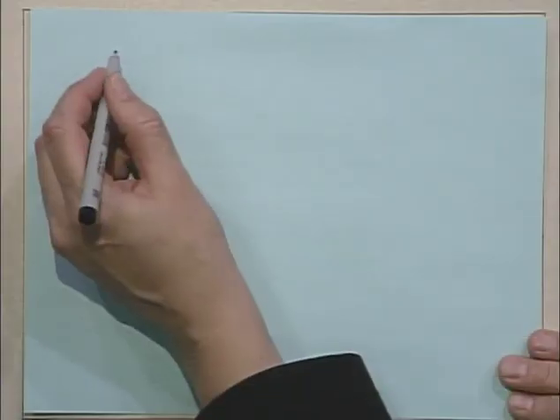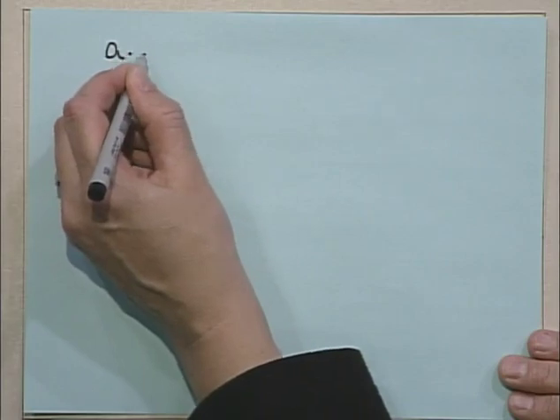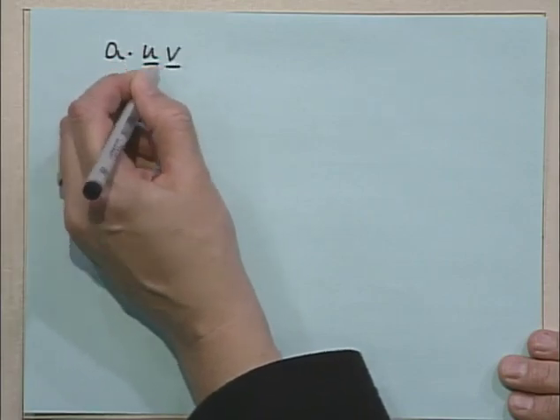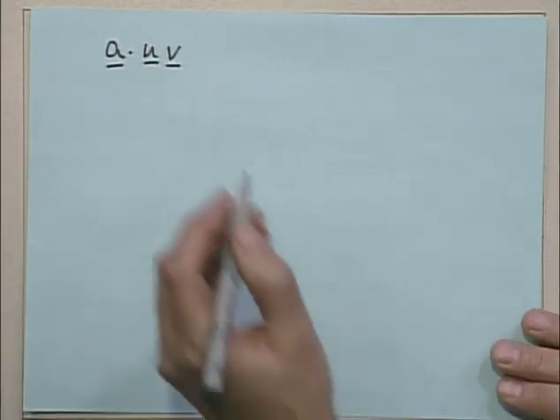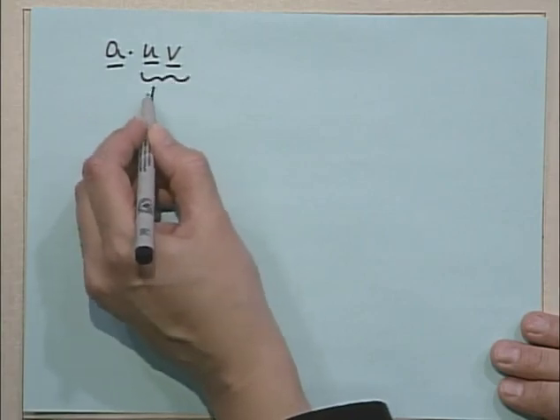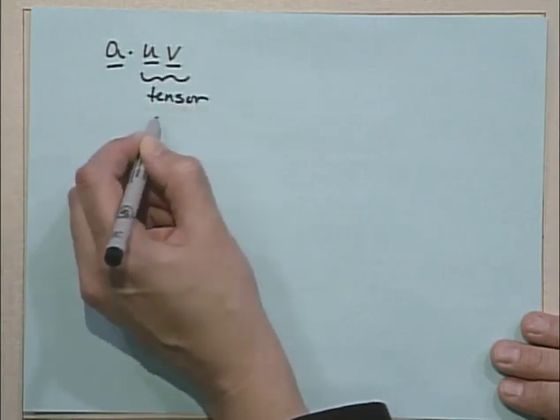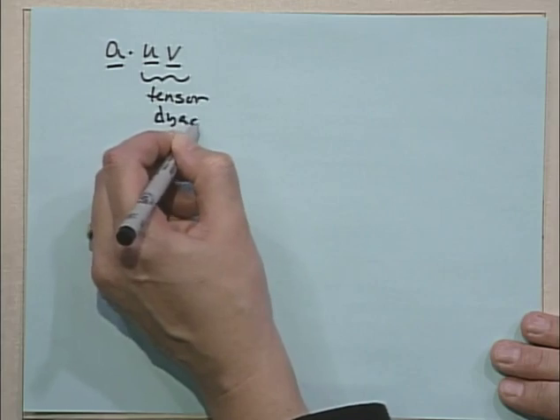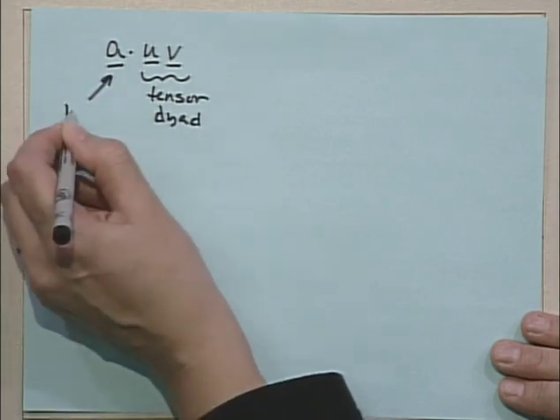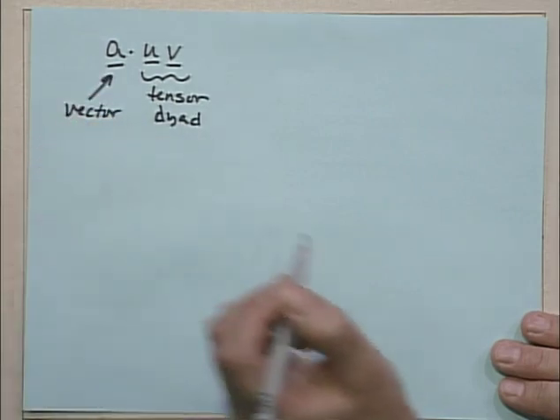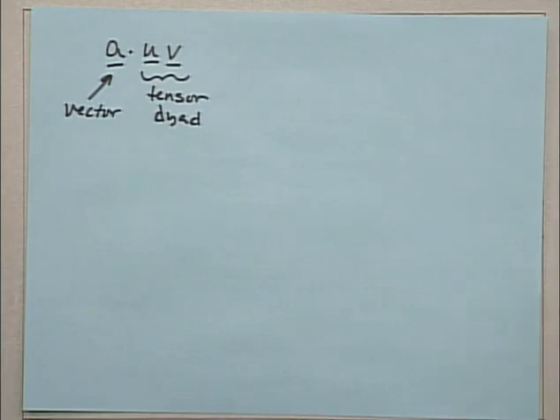Let's try that second one, A dot UV. Okay, so this is a tensor. It's a dyad. This is a vector. And we're dotting them together. So I'll show you how we do this, and then you're going to help me do the next one.